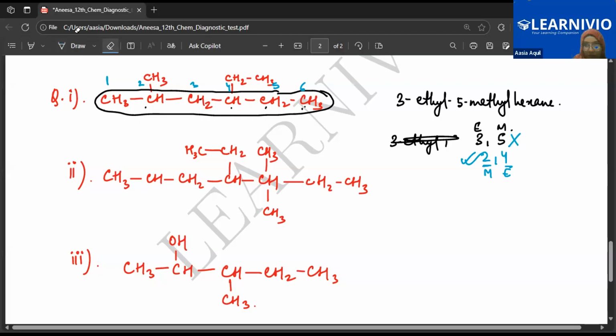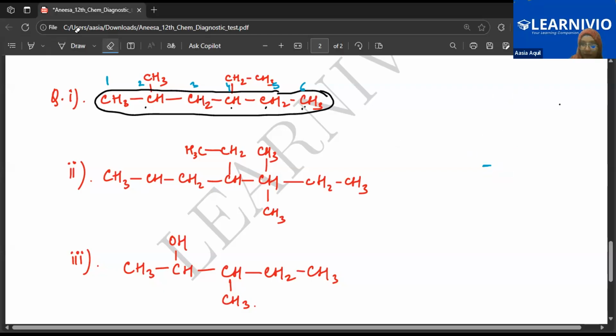Now you can write down the correct name. So that's incorrect. What will be the name? Ethyl comes first, then methyl, right? So it's 4-ethyl 2-methyl hexane. That's the correct name.